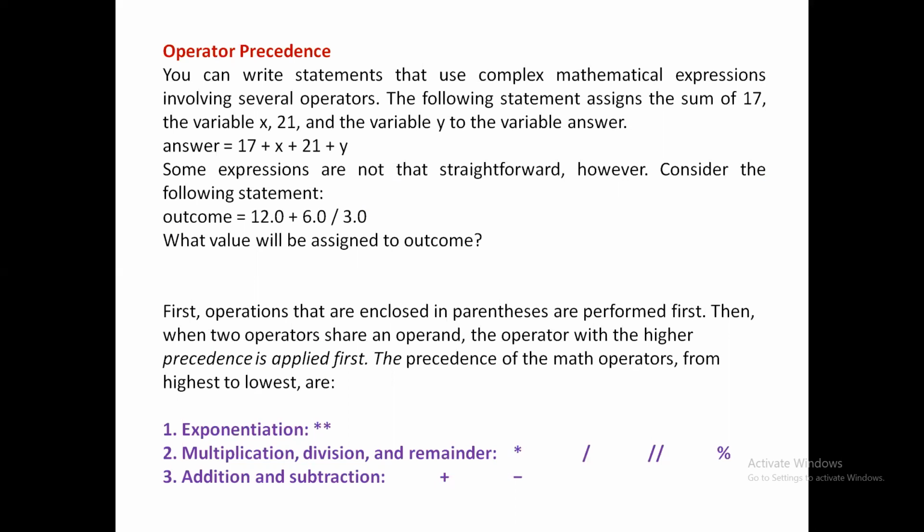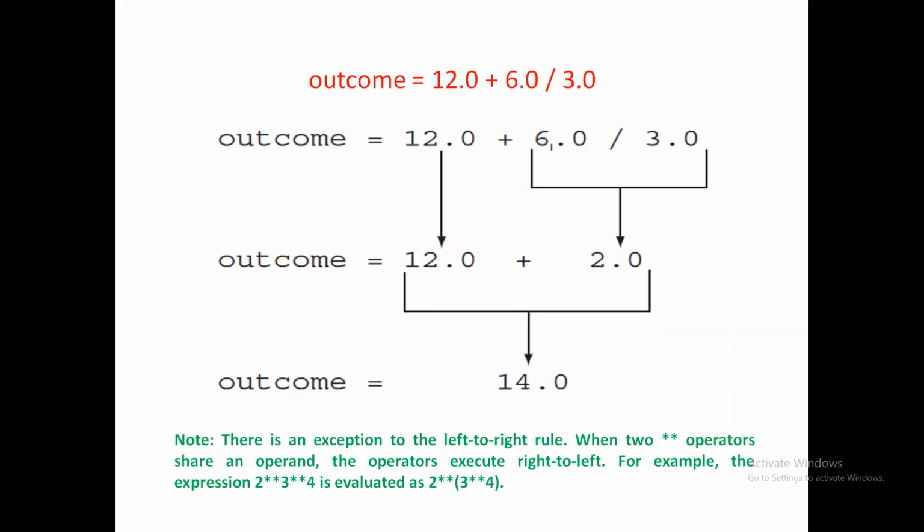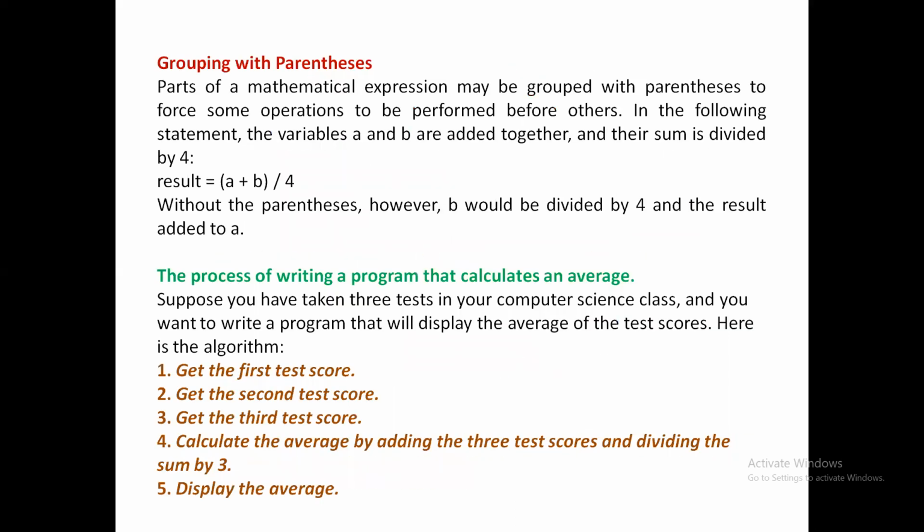There are two types of associativity rules: left to right and right to left. Most operations are performed with the left to right rule, and exponentiation is performed with the right to left rule. I have shown some examples here.